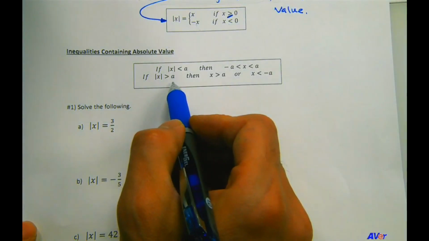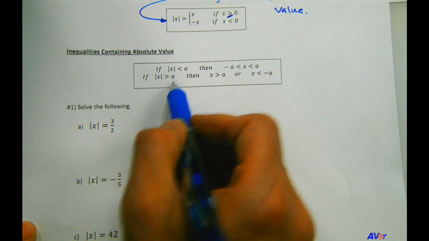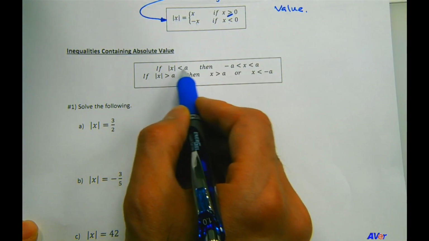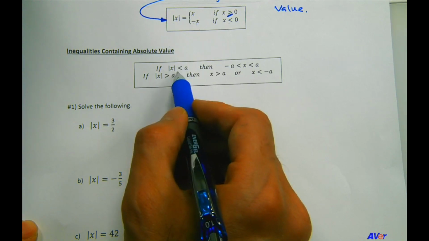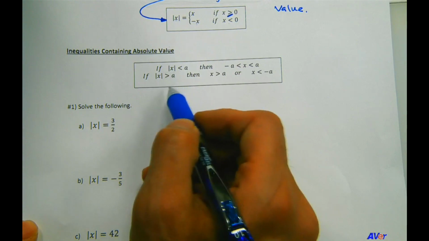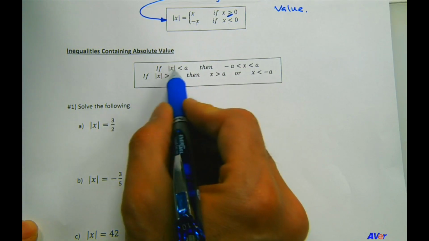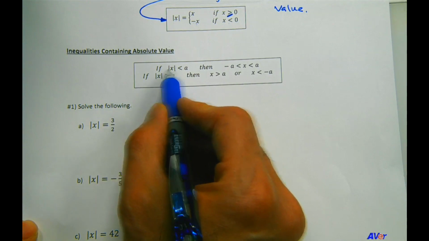But with inequality, we've learned in previous videos, previous sections, that when you multiply the inequality by negative 1, the inequality will change direction. That's the thing you've got to remember. Okay? So that's what this is actually showing.